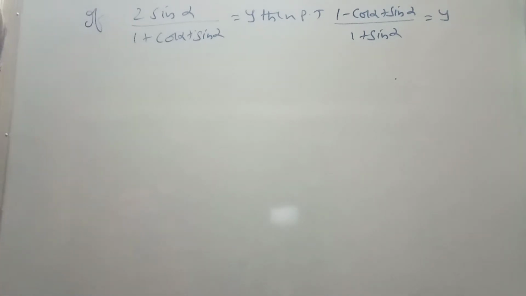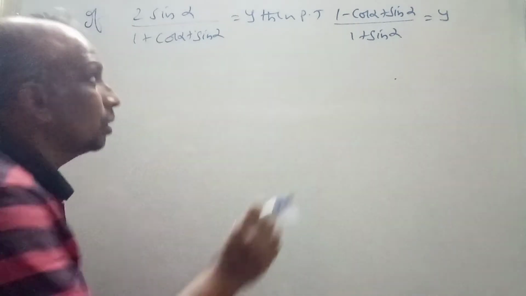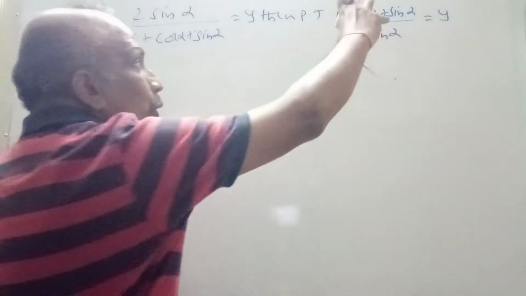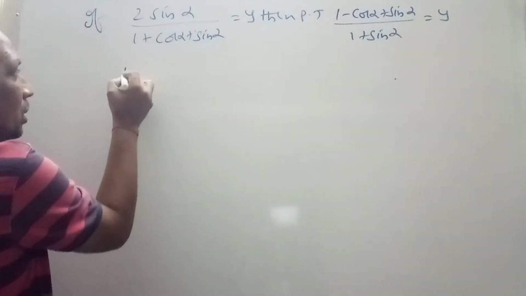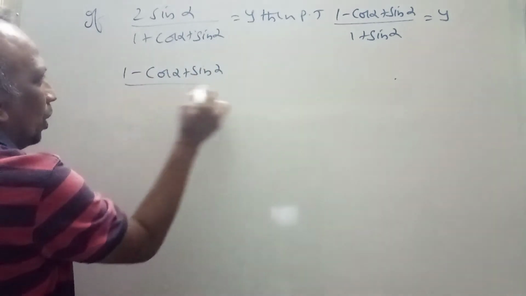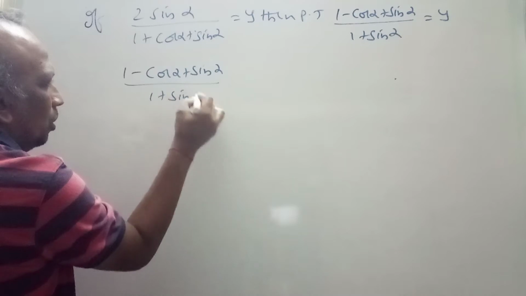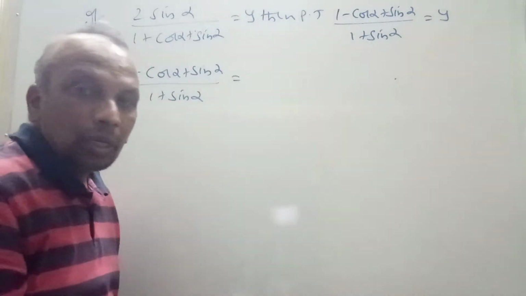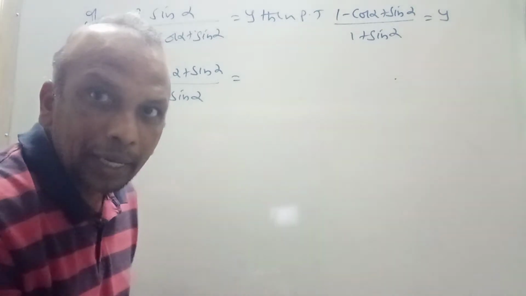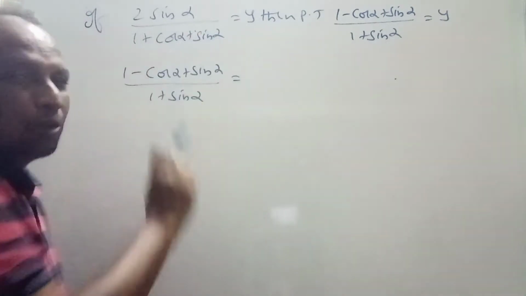So when they are asking to prove it is also equal to y, in this problem you take that this is equal to y, which is given. I am going to take 1 minus cos alpha plus sin alpha by 1 plus sin alpha. Again you should get y, which means you should get this expression. In the denominator we have 1 plus cos alpha plus sin alpha.